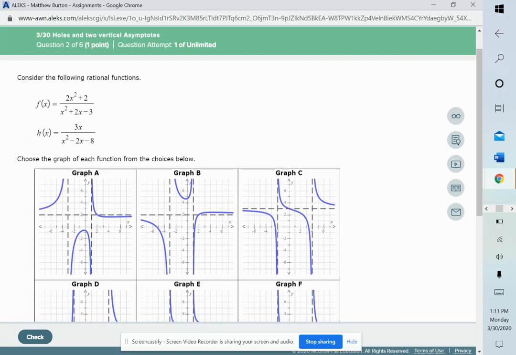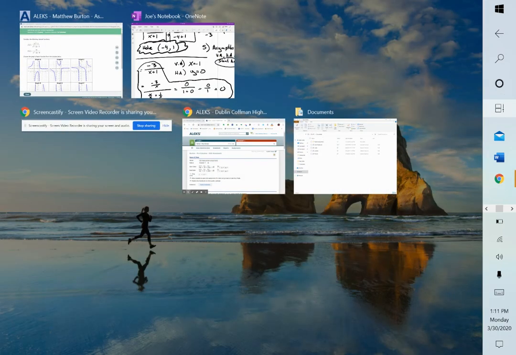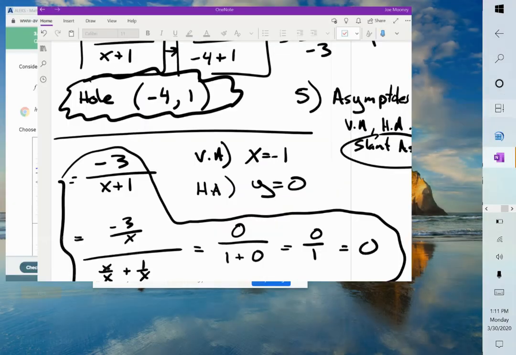Now let's see. We factor. I'm going to find the x-intercept. Setting the numerator equal to 0 gives the x-intercept. Setting the denominator equal to 0 gives either a hole or a vertical asymptote.